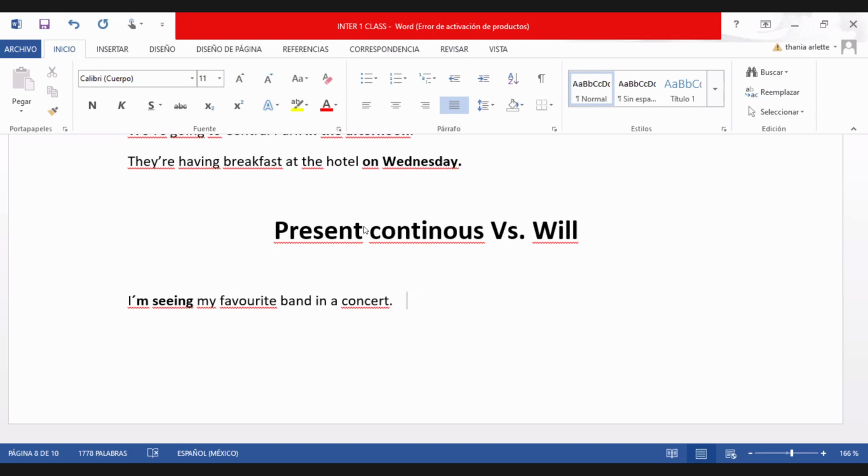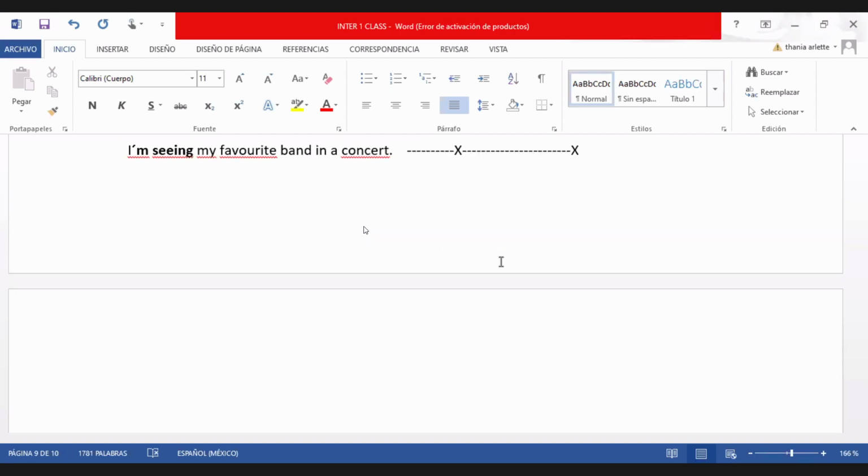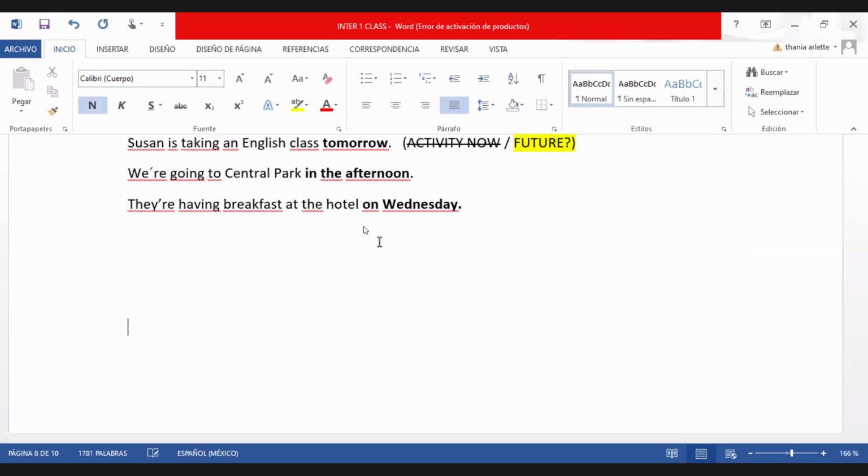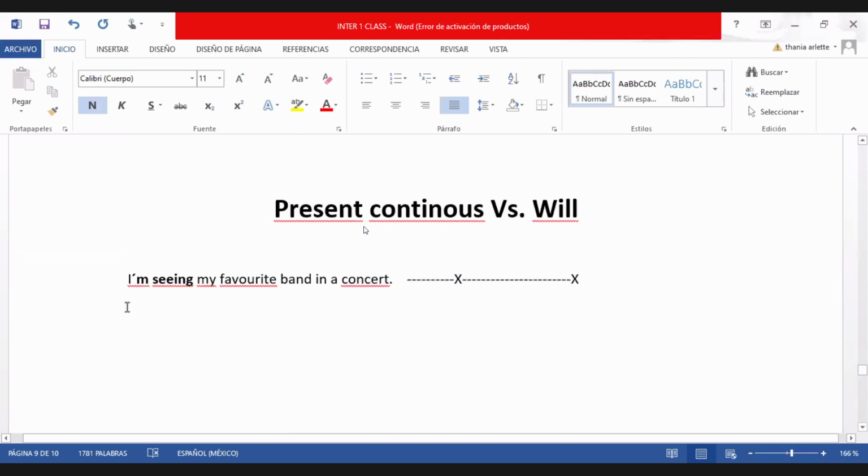I am going to draw a timeline. This one has 2 points. This is a timeline. One in which I took the decision, and the other one which is now.